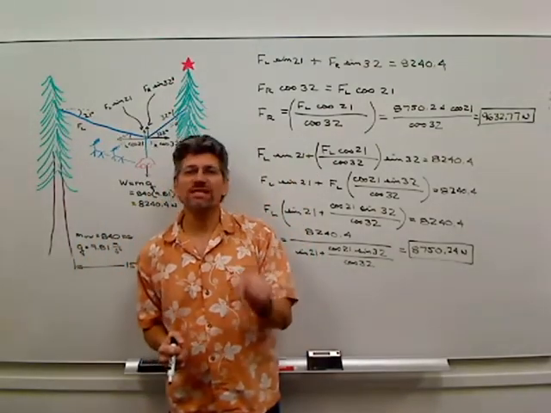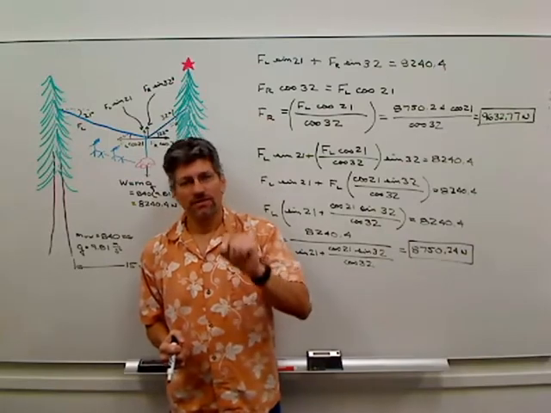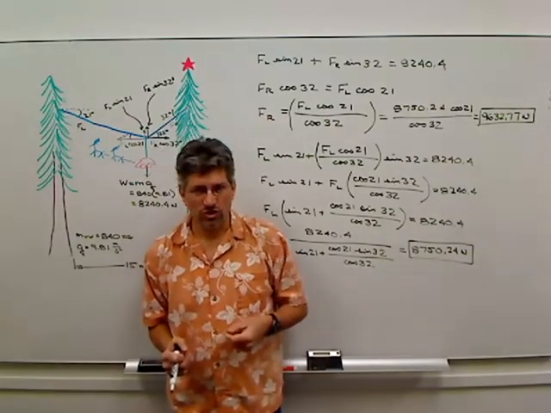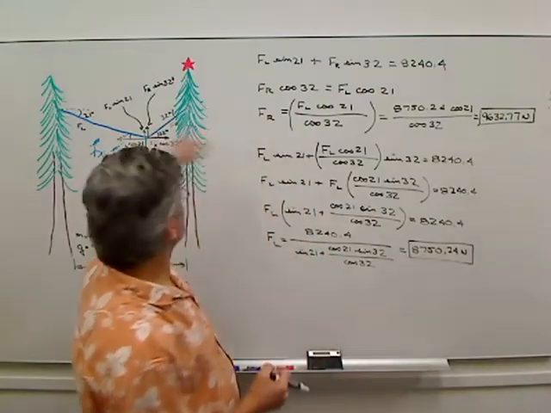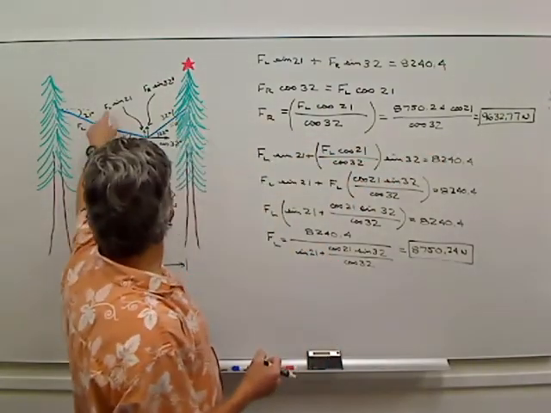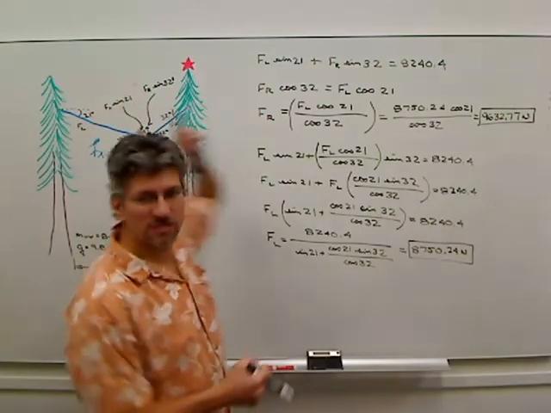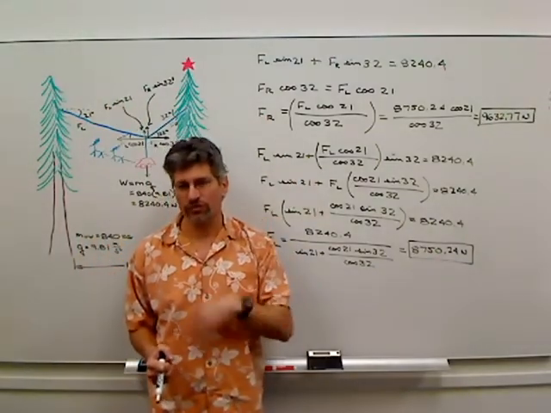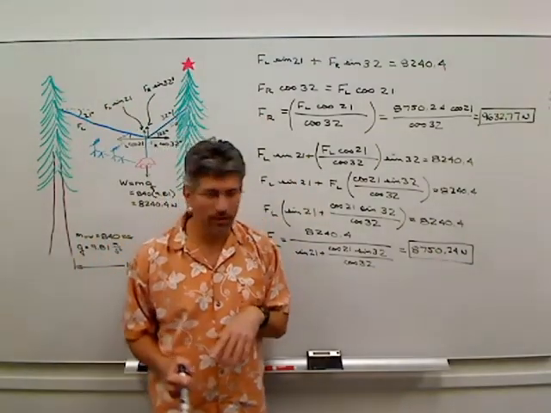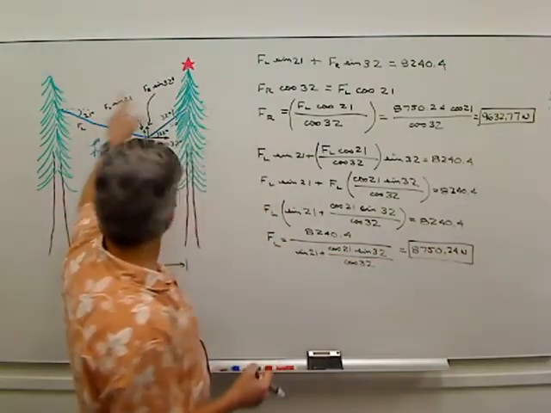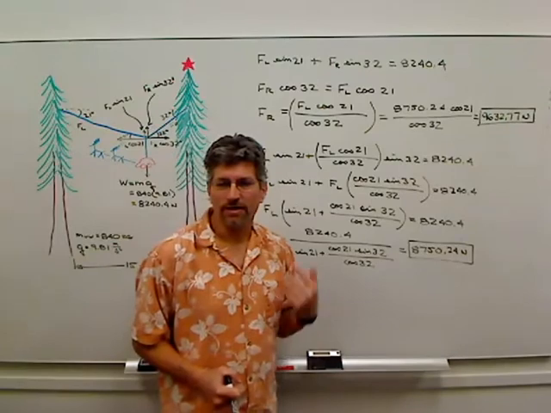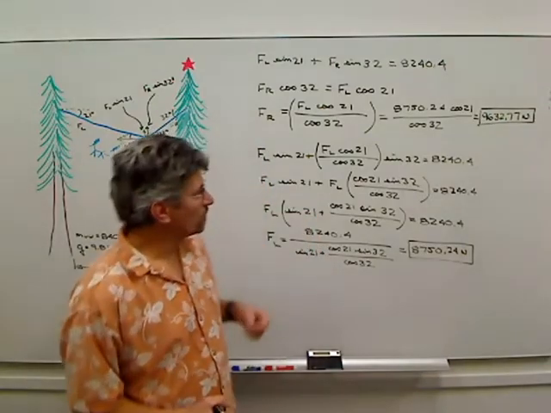Now there is an easy way to check to give yourself some more assurance that you have the answer correct. If you were to plug those values in here, F sub L sine 21, you'd get 3135.81.